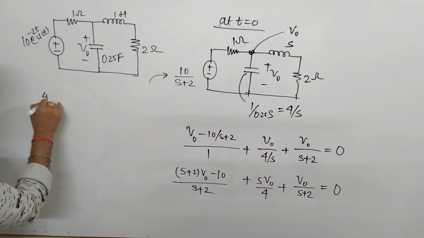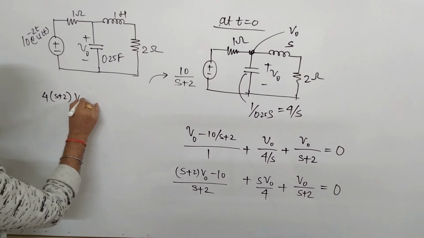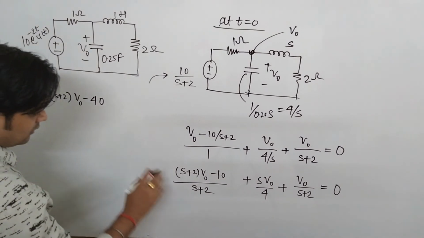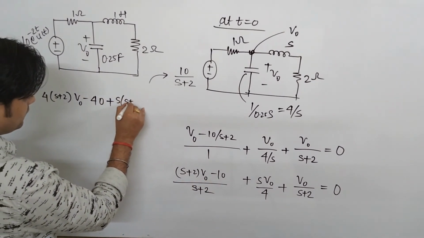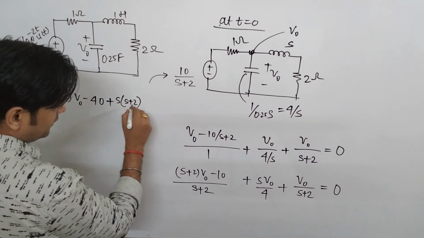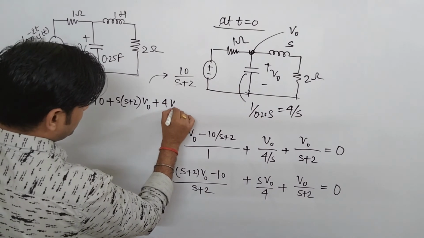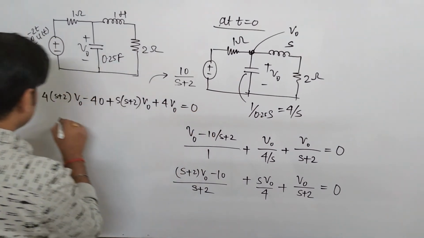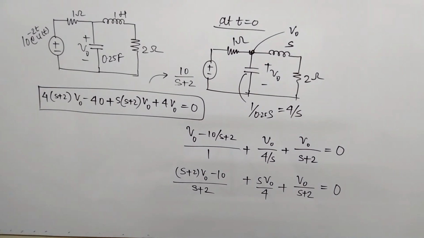So that comes to be 4 into S plus 2 V naught minus 40, I have just multiplied, plus S into S plus 2 into V naught plus 4 V naught, that is equal to 0. This is our equation. Once again we will verify it.